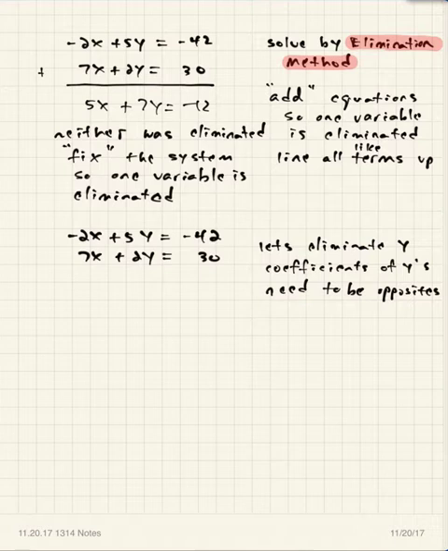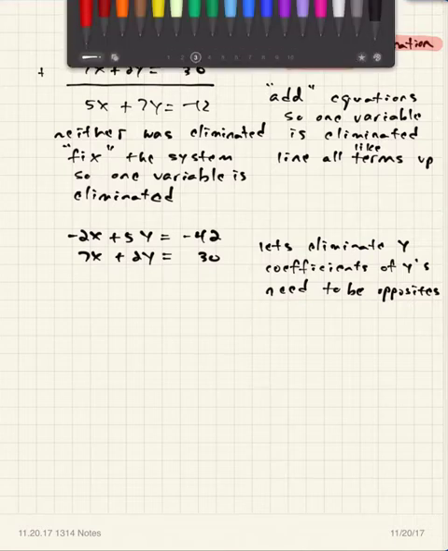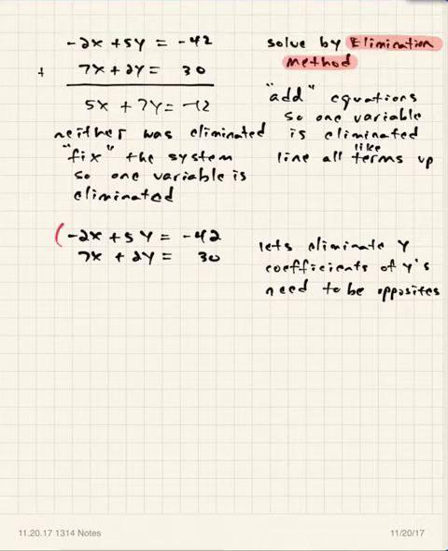Well, if I take the first equation and I multiply the first equation by 5, I'm sorry, not by 5. It'd be good if I chose the right number here. If I multiplied the first equation by 2, notice now the coefficient of the y is going to be a 10. And I multiply the second equation by 5. Notice the coefficient of the y here is also going to be a 10.